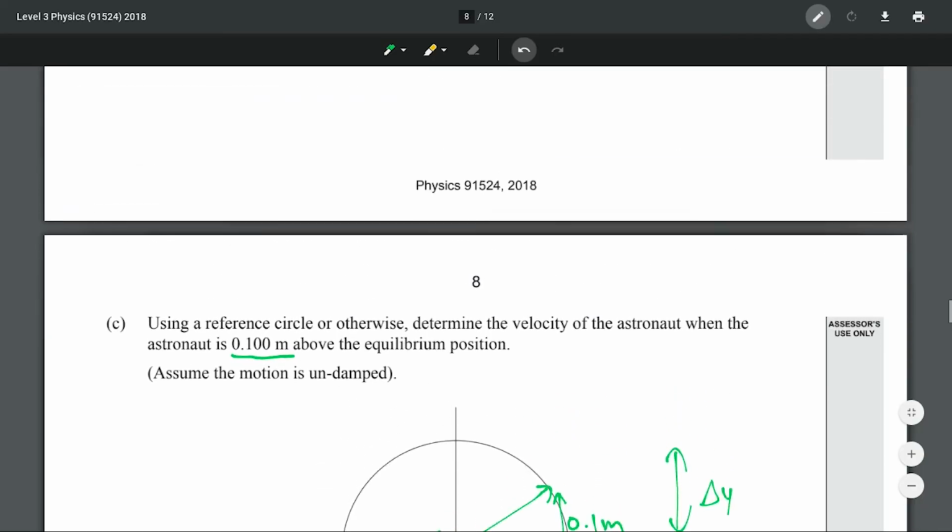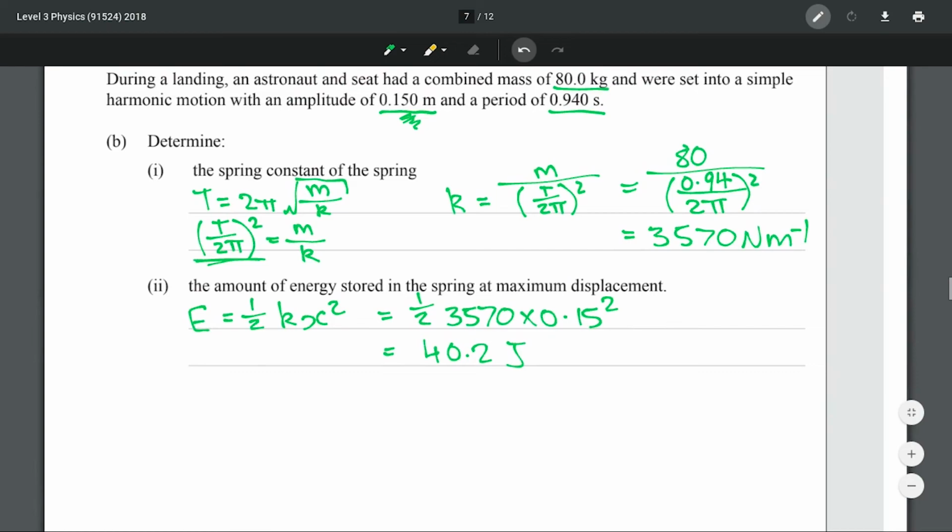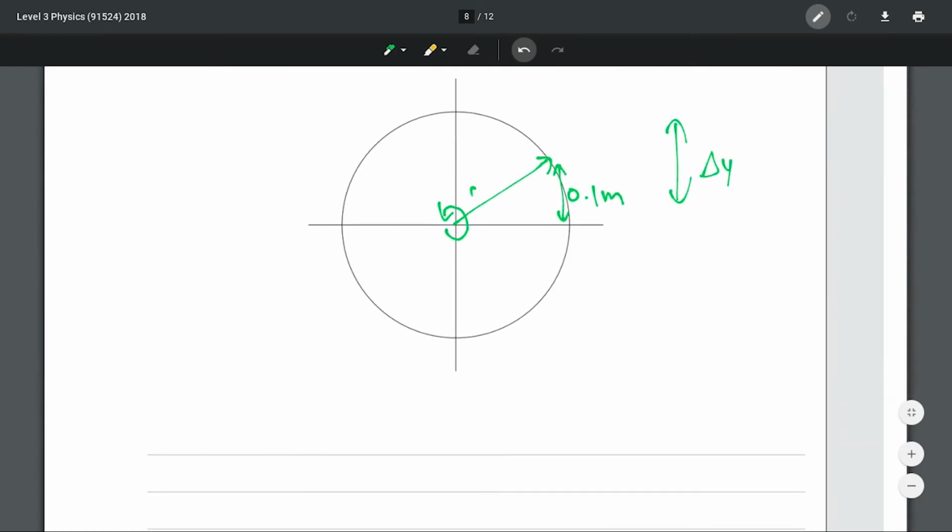Our amplitude, which we were given up here, is 0.15 meters. And what I'm interested in is this angle here.